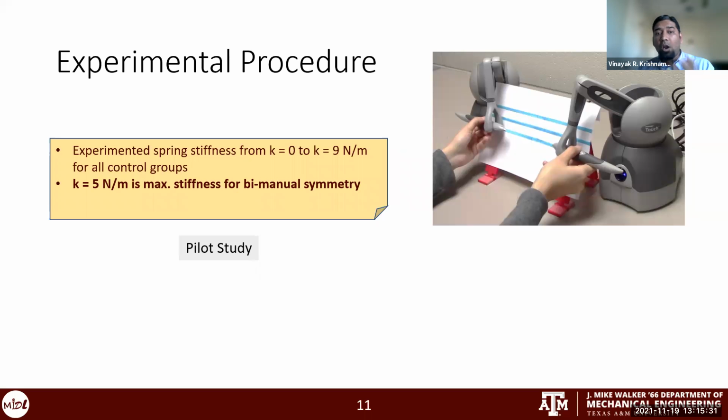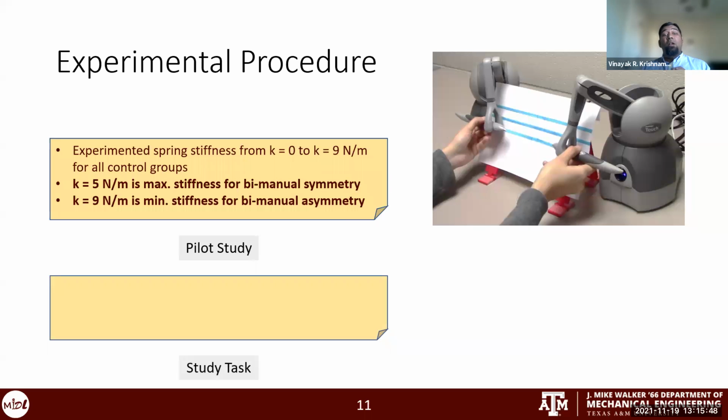If it is too low or too high, you don't get the effect of the study. So we decided to use a stiffness range between 5 newtons per meter and 9 newtons per meter.